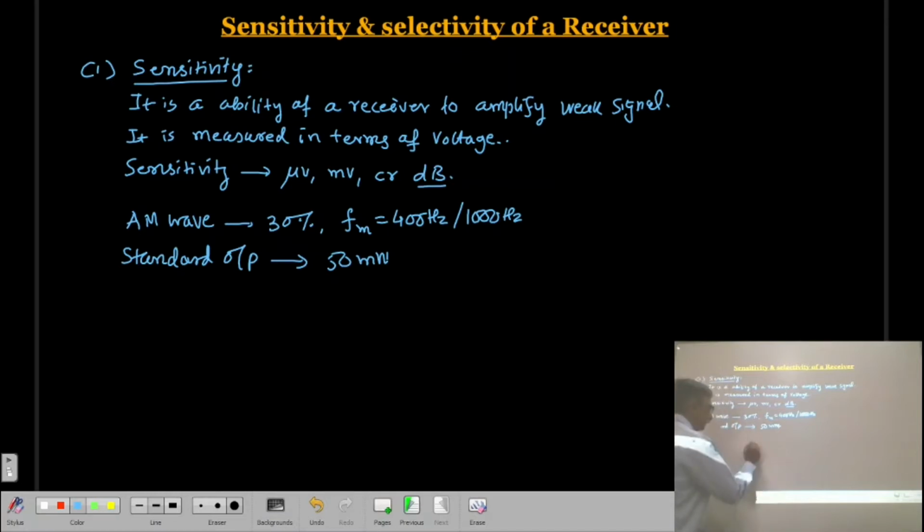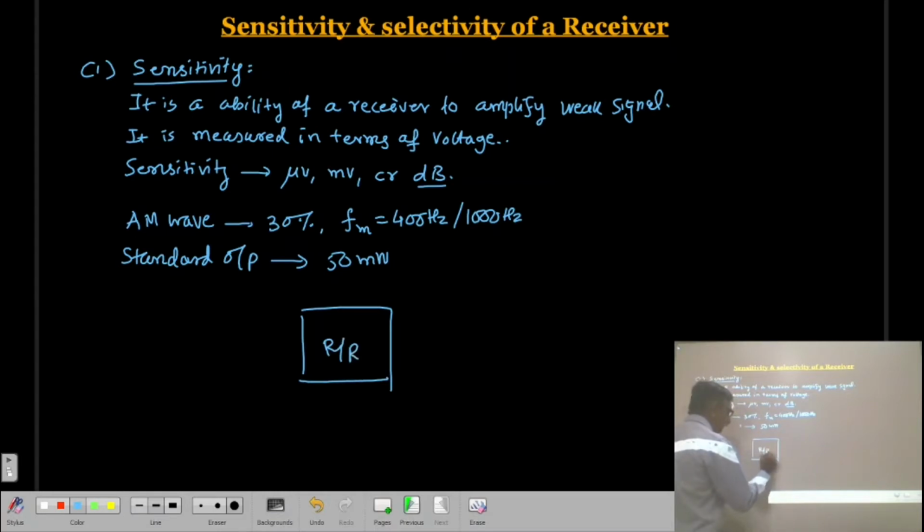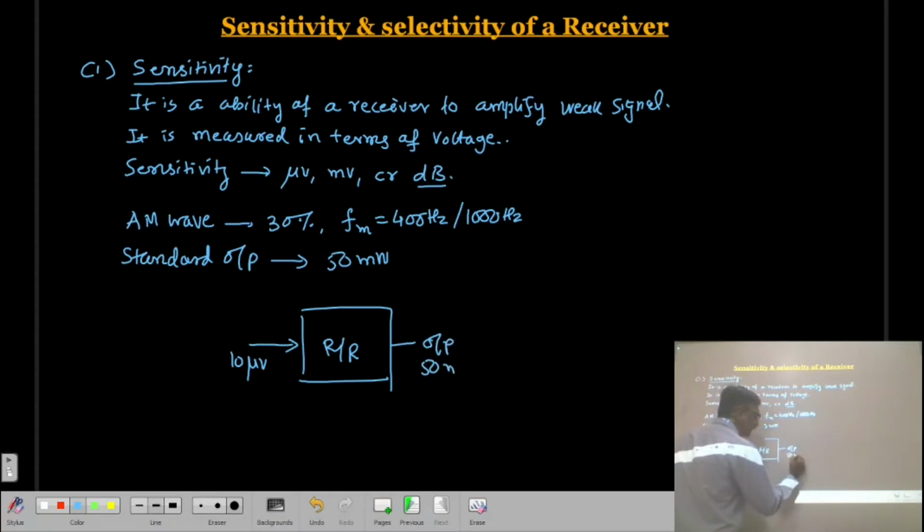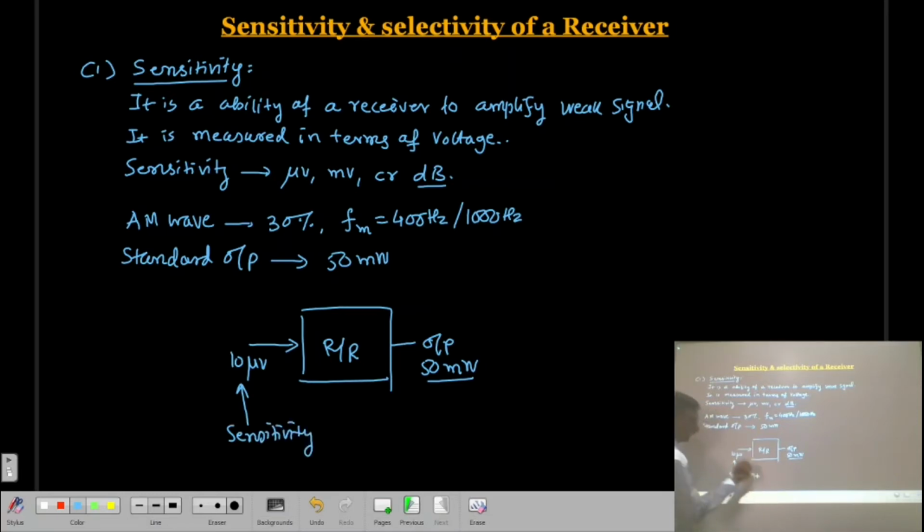Suppose we have a radio receiver. If I apply an input signal of 10 microvolt, and I am getting the output of 50 milliwatt, then we can say that 10 microvolt is the sensitivity of the radio receiver.